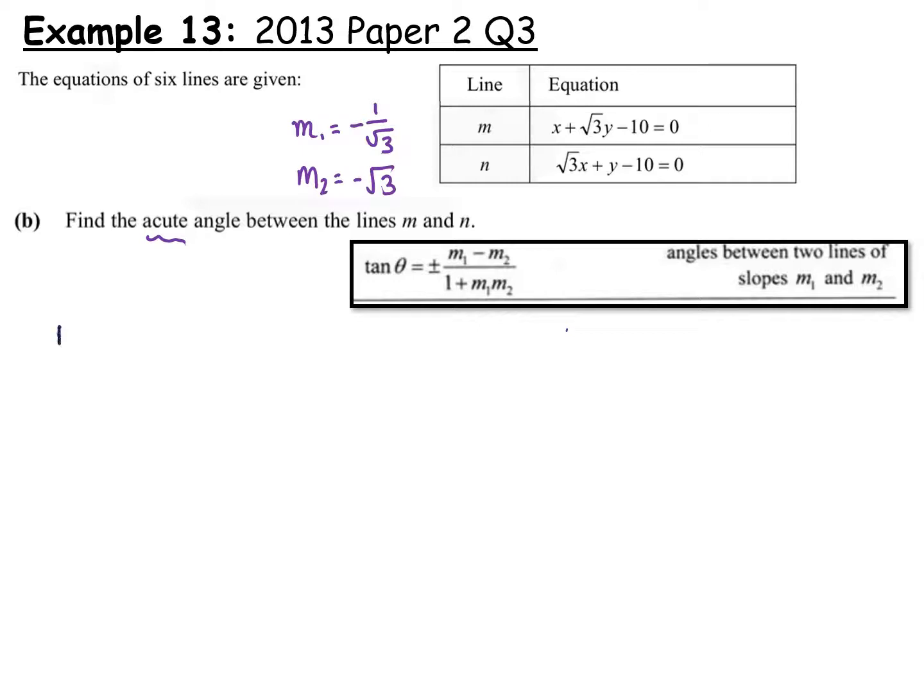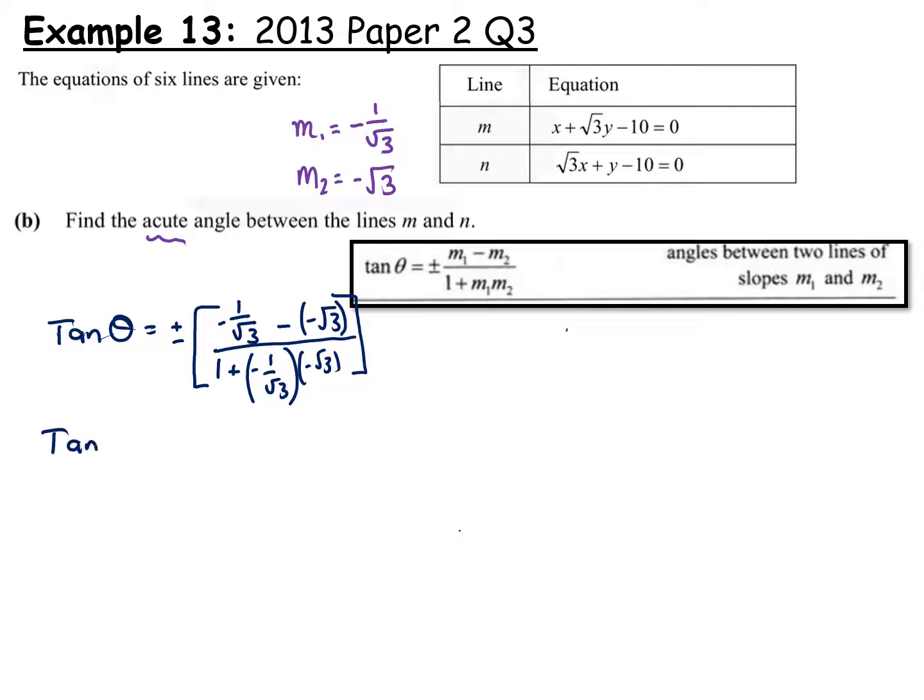So we get tan of theta is equal to plus or minus, we don't know yet, (m1 minus m2) over (1 plus m1 m2), so minus 1 over root 3 minus minus root 3, over 1 plus minus 1 over root 3 by minus root 3.